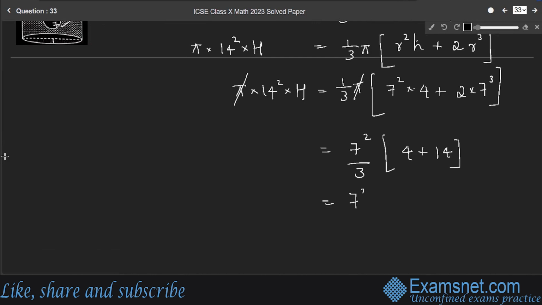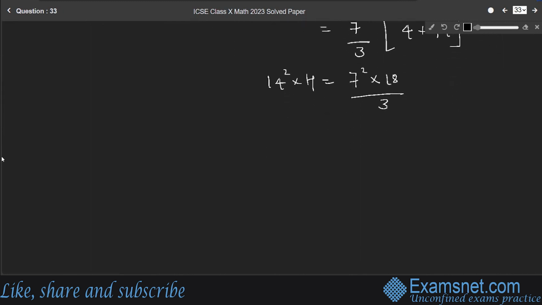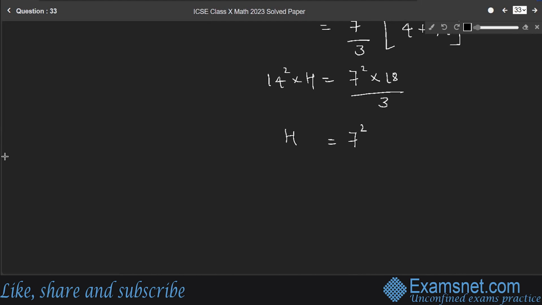So 7 square into 18 by 3 is equal to 14 square into h, right? Therefore, h is equal to 7 square into 18 by 3 into 14 square.